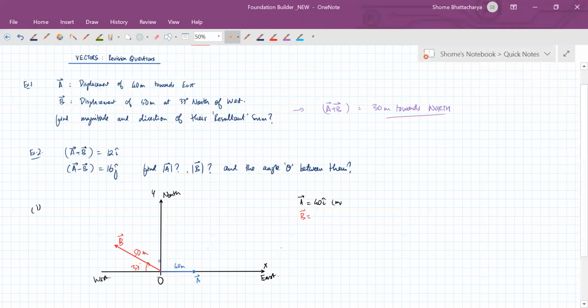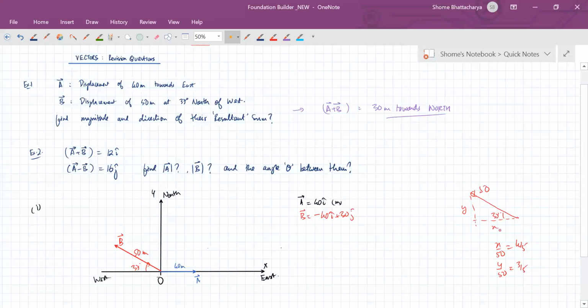Okay, so just concentrate on this. So you can see that when you write the vector B, it will have an x component of minus 40 and a y component of 30. Because you can see that if this is 50 and this angle is 37, okay, then x upon 50 is 4 by 5 and y by 50 is 3 by 5.